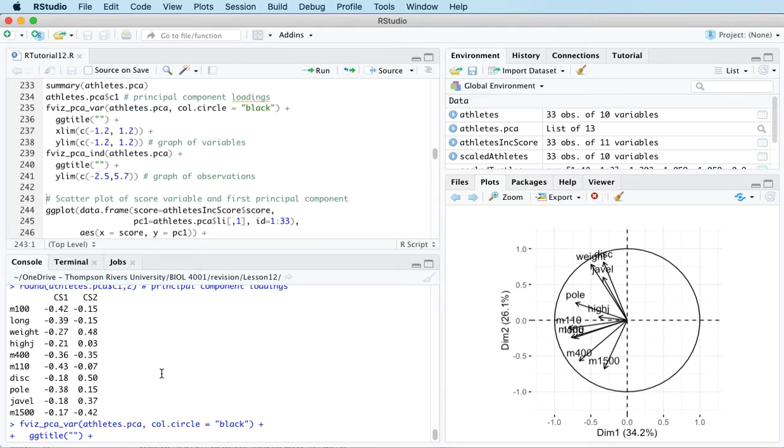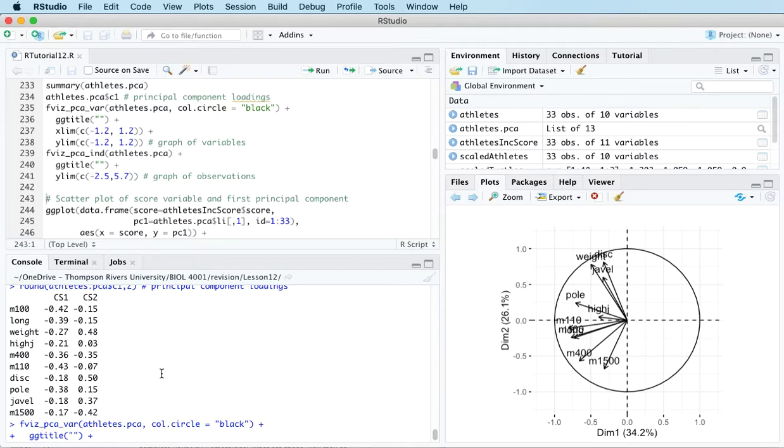So this dimension is explaining variability in terms of that contrast: either athletes that do really well in the throwing events but pretty poorly in the longer distance runs, or vice versa.